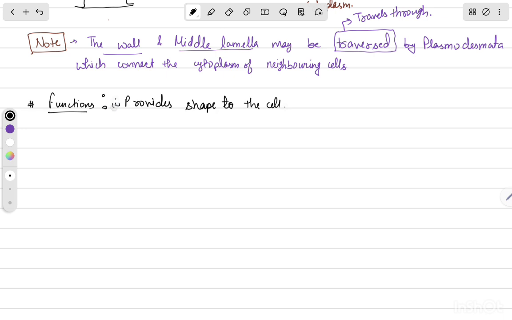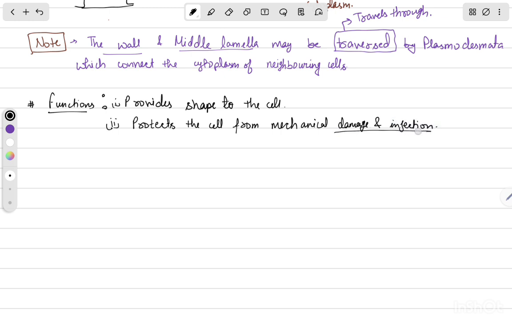Second, it protects the cell from mechanical damage and infection.